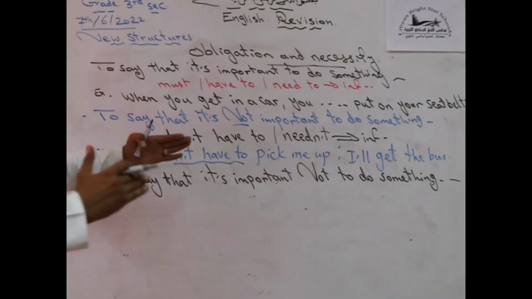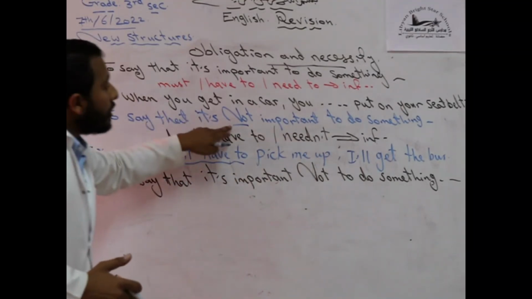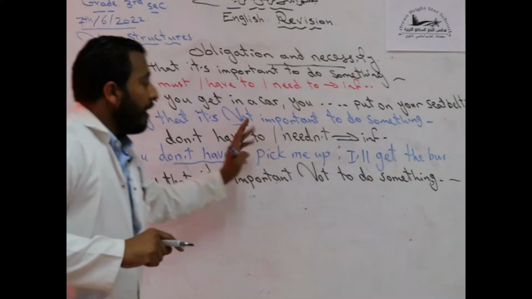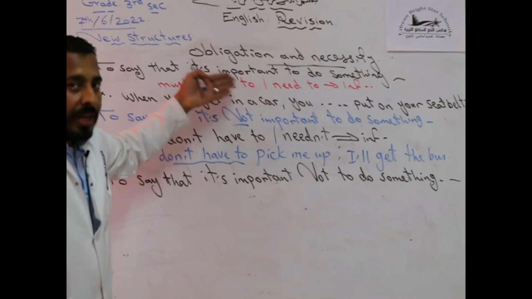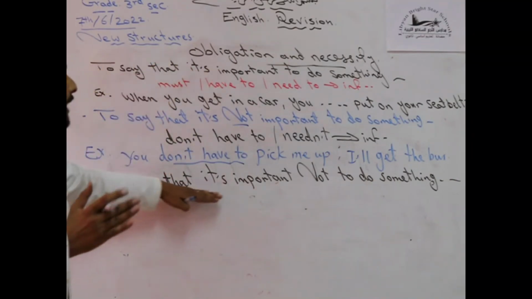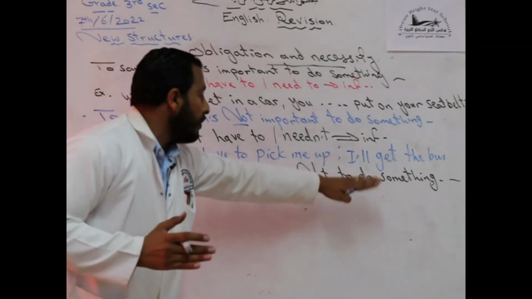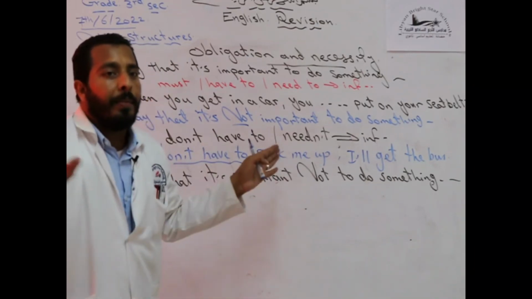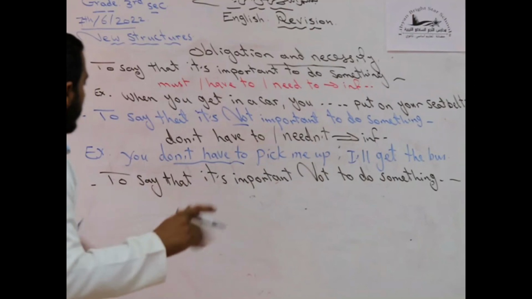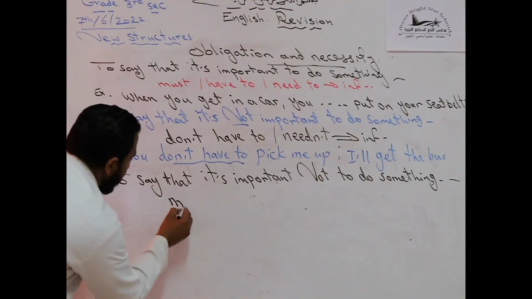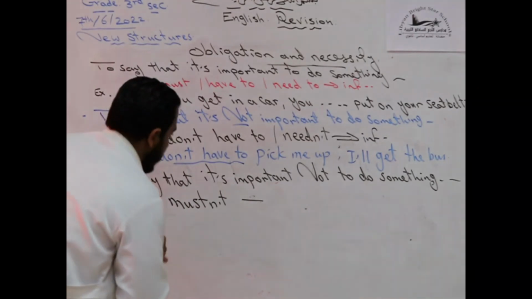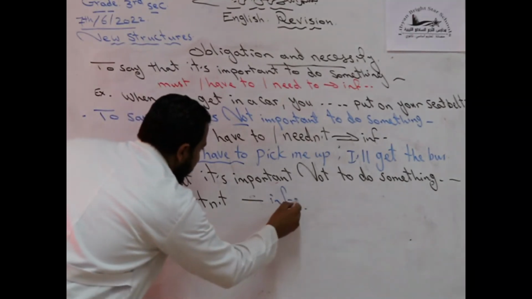There is a great difference between it's not important and it's important not. It's not important يعني مش لازم، مش ضروري. أما it's important not to do يعني لازم بس إنك ما تعملش، ضروري أوعى تعمل، ممنوع، ضد القانون. We use mustn't. It's followed by the verb in the infinitive form.